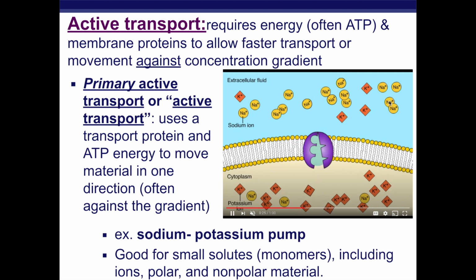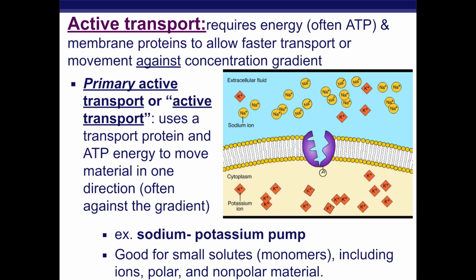And eventually what ends up happening is you create this kind of charge gradient where, because you're moving more positive stuff outside than inside, the outside builds up more positive than the negative inside and just becomes more and more charged. And eventually you can use that system to help manipulate a really strong electrical signal along a neuron to send information across your body super fast.